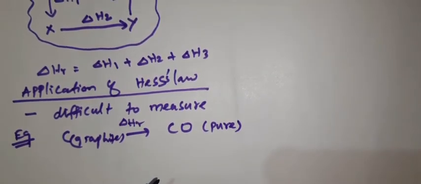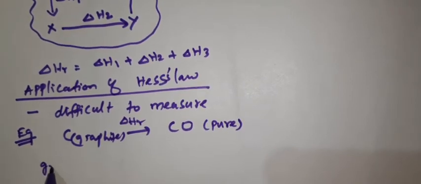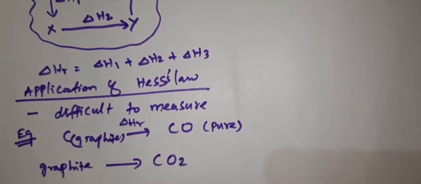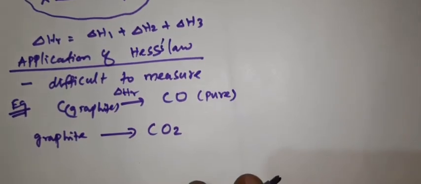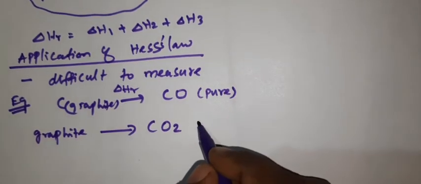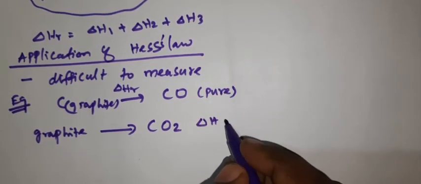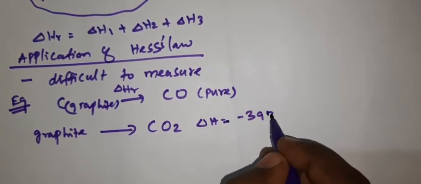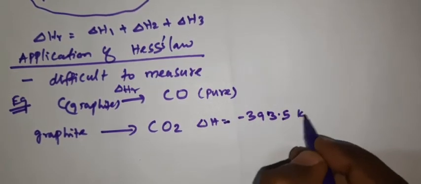See, enthalpy of the oxidation of graphite. So graphite, when it is converted into carbon dioxide, it is very easy. So the value of this conversion is delta H equal to minus 393.5 kilojoule.